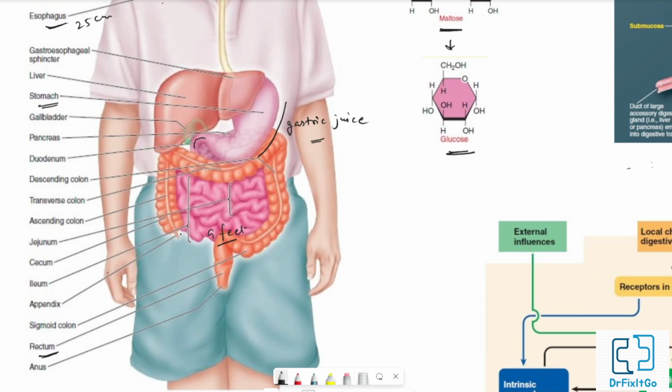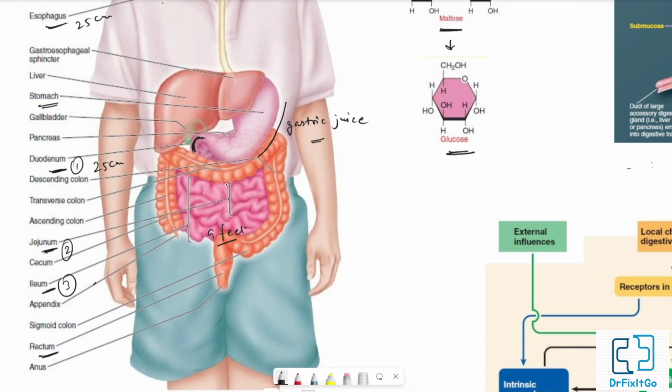It consists of 3 parts: duodenum, jejunum and ileum. The first part of the small intestine is the duodenum, which is about 25 cm long and shaped like the letter C.